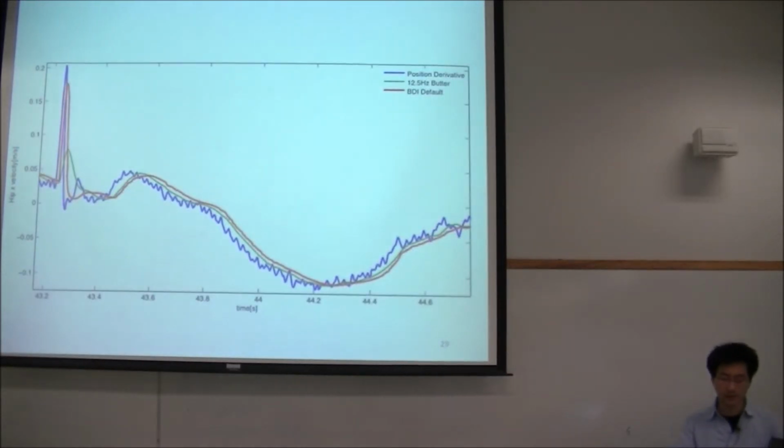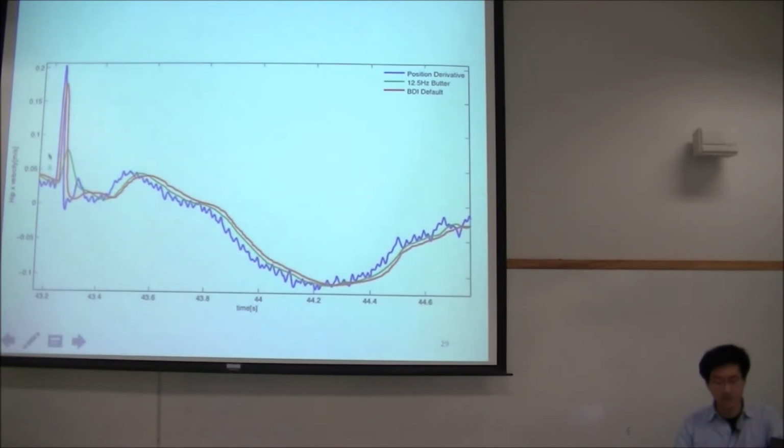Here is a plot showing the velocity estimate artifact. The blue trace is if you just take the finite difference of the position signal, and the red trace is what the Boston Dynamics default velocity filter gives you. An interesting thing is it's very sensitive to a sharp change here, for example, but it's actually a lot slower for the low frequency part.